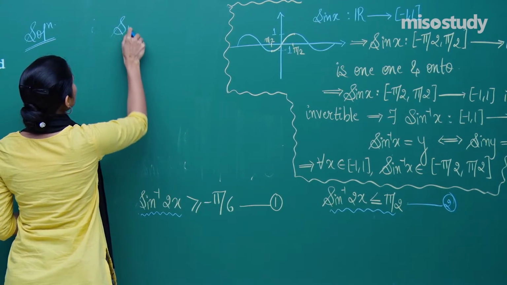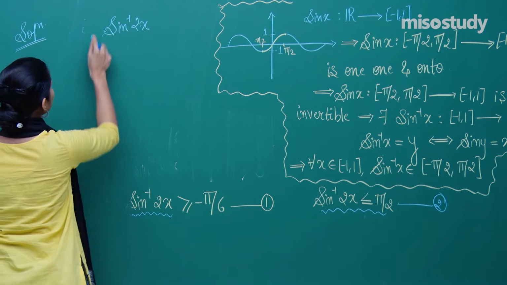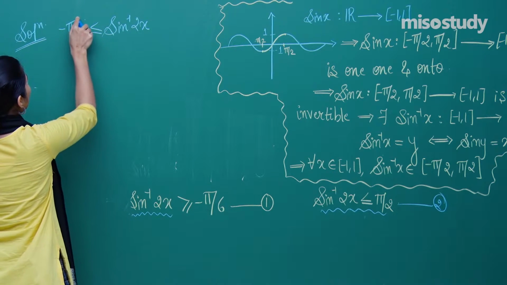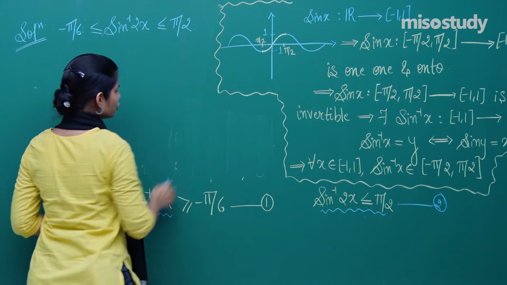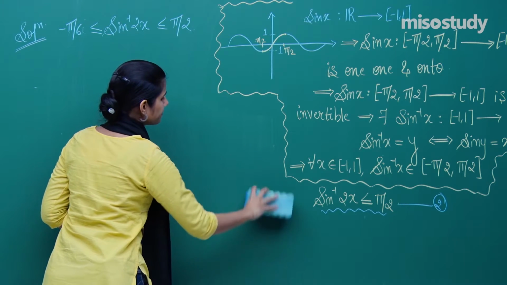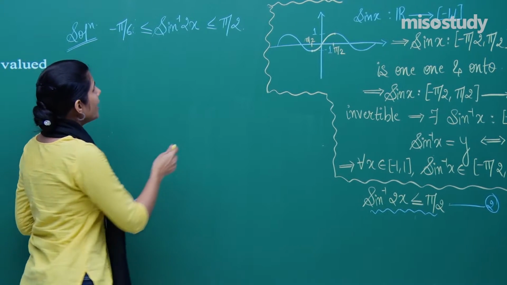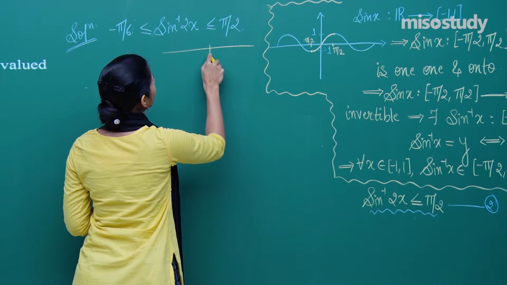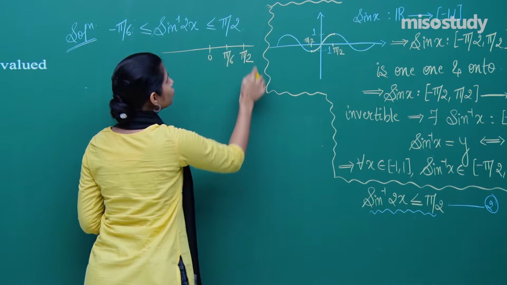So I have sine inverse 2x is greater than or equal to minus pi by 6 and less than or equal to pi by 2. That is what I have used over here. Now is the time to solve something. Well, if you carefully observe, this is my pi by 6, this is my pi by 2.